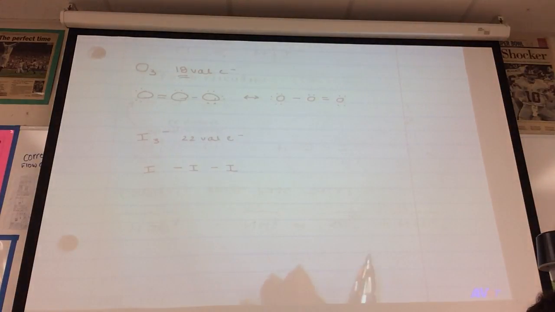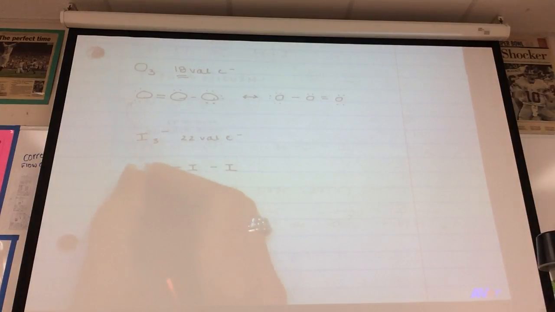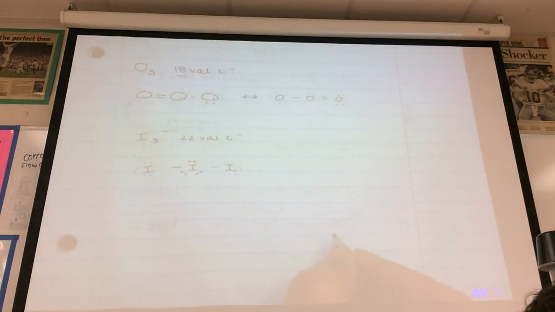In most cases, the halogens are going to form single bonds, so don't double them unless you absolutely have to. Complete the octet on the terminal atoms, and you now have 6, 12, 14, 16, 18, 20, 22. That's linear, right? And that is a funny linear one.